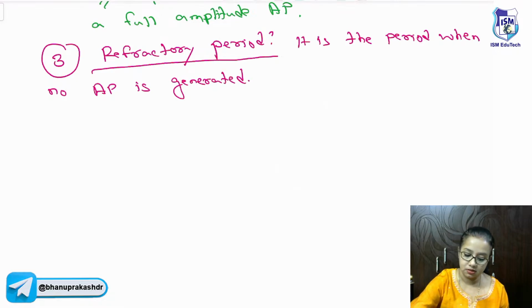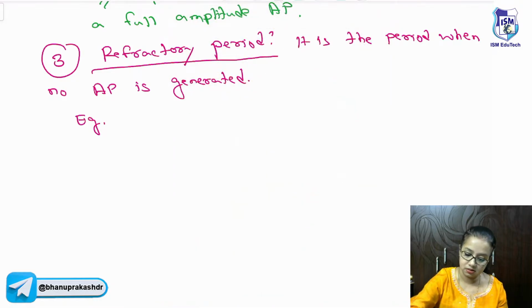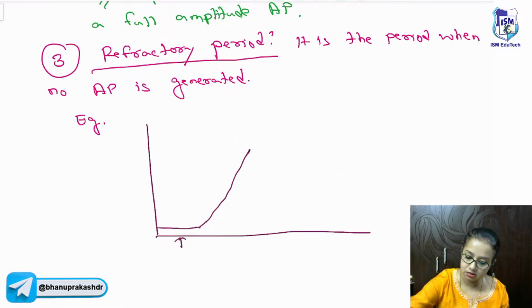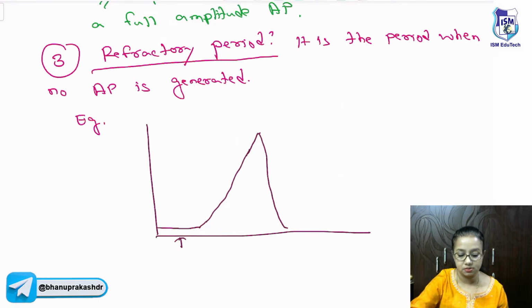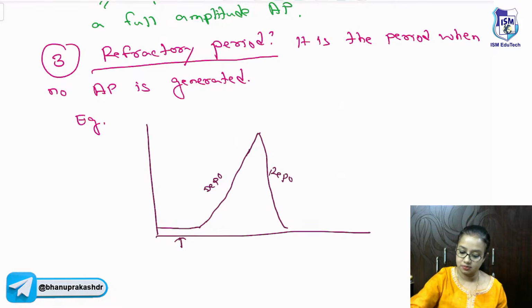For example, suppose there has been a stimulus, and say that stimulus has generated a full action potential. So this is the wave of depolarization. This is the repolarization.